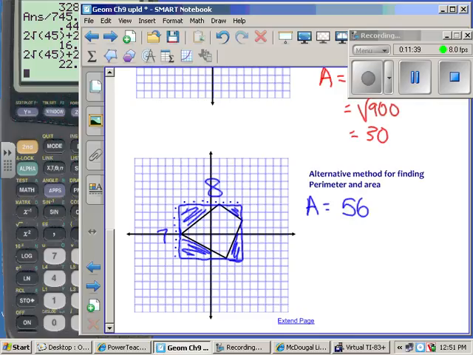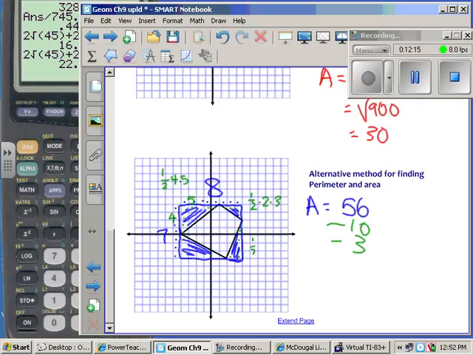Now I got to start subtracting out triangles. Okay, this triangle is 1, 2, 3, 4, 5 by 3, 4. So 4 by 5. So 1/2 base times height is what? 10. I'm going to subtract 10 for that shaded area. This is 1, 2, 3 by 1, 2. So 1/2 times 2 times 3 is 3. This is, let's see, 1, 2, 3, 4, 5 by 1, 2.